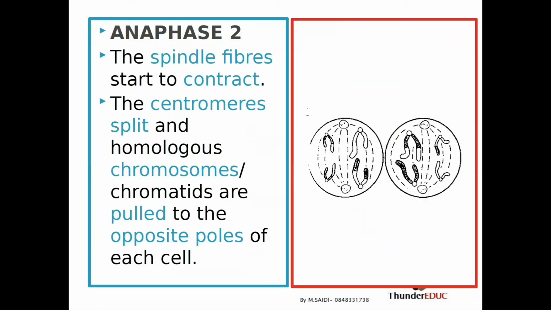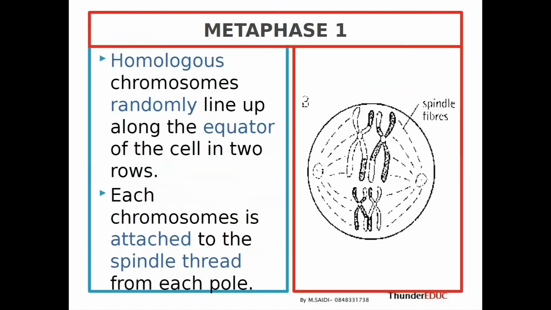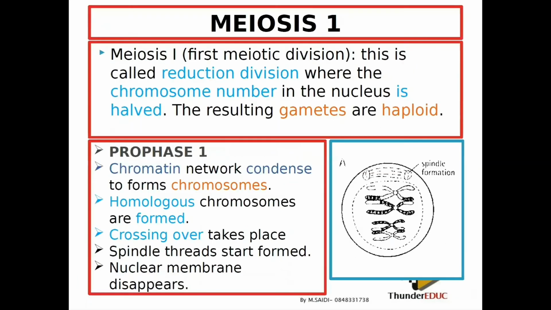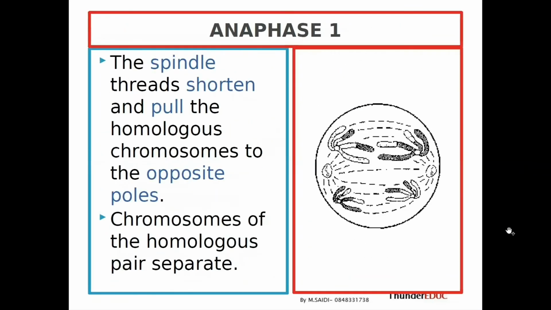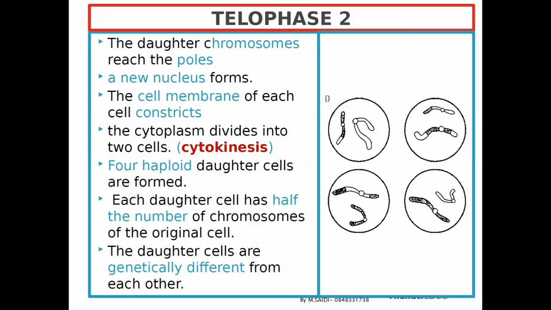Haploid. Look at that. Initially, in prophase 1, we had how many chromosomes? 1, 2, 3, 4 chromosomes, right? And this is diploid, that is 2N. Now let us go to this stage of telophase 2.